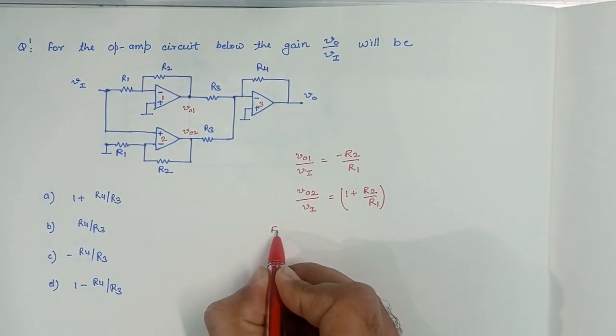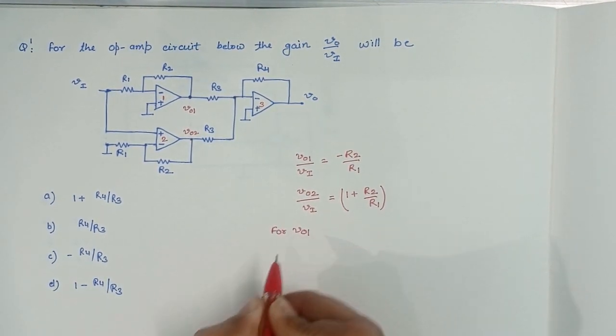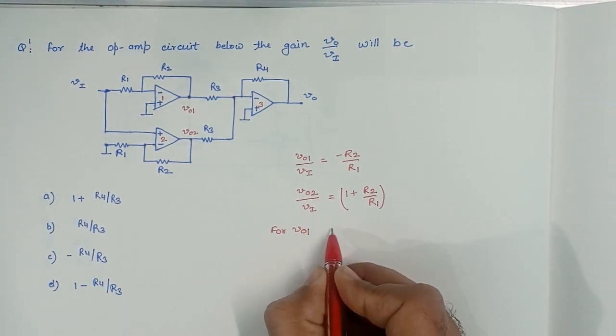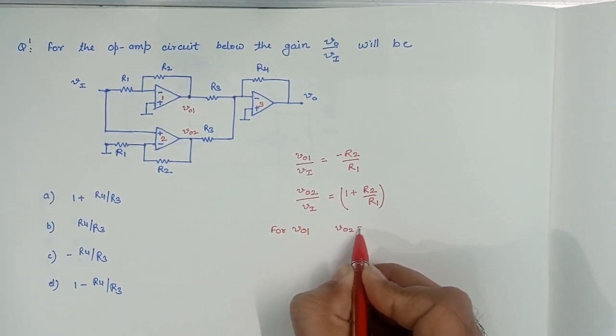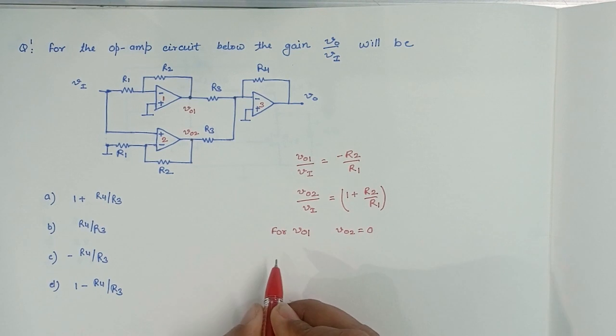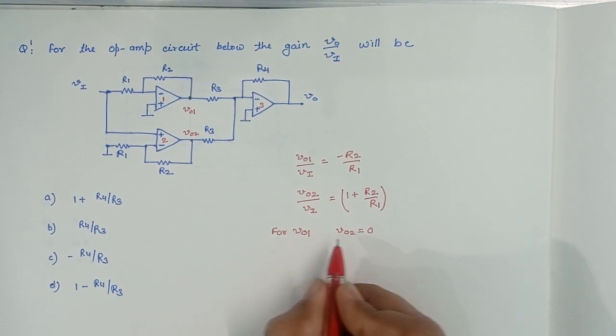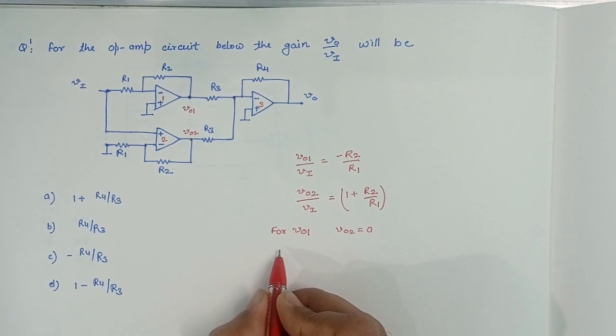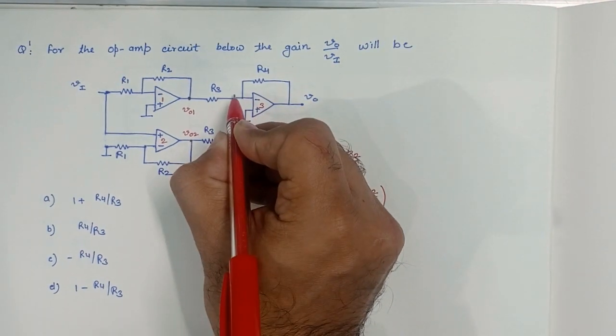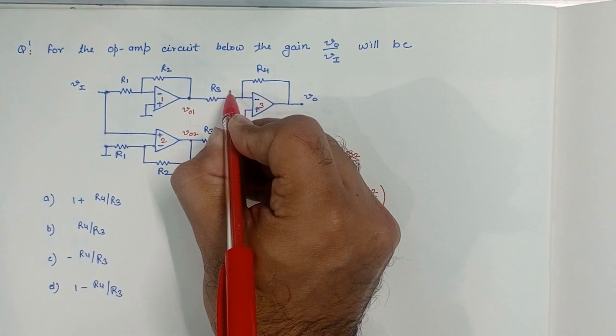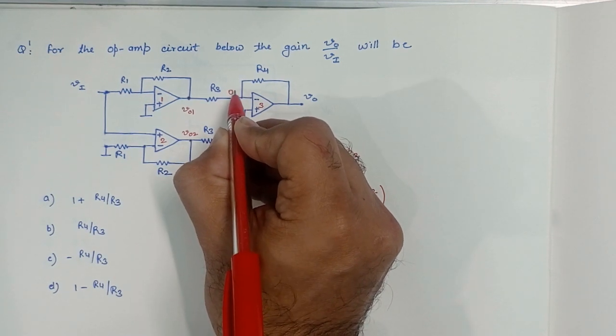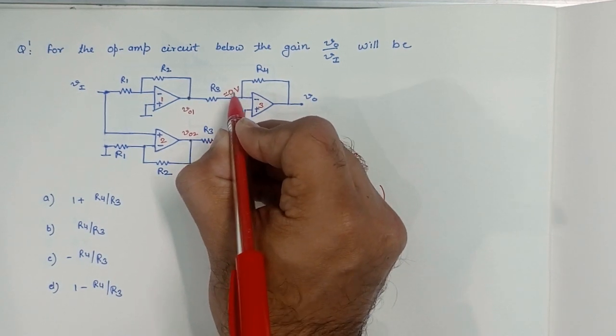So for V01, by assuming V02 is equal to 0, if this node is virtual ground, this will be 0 volt.